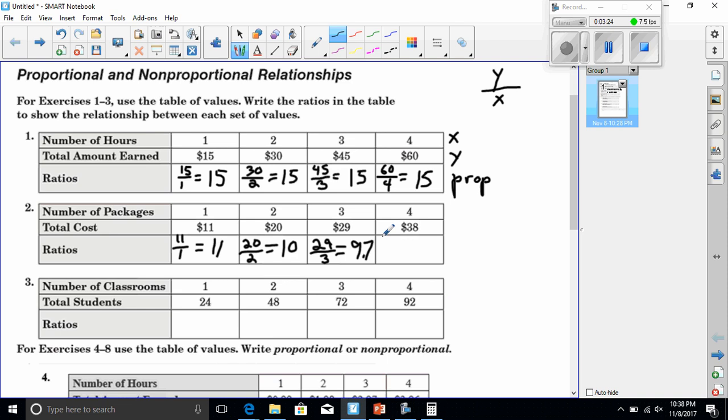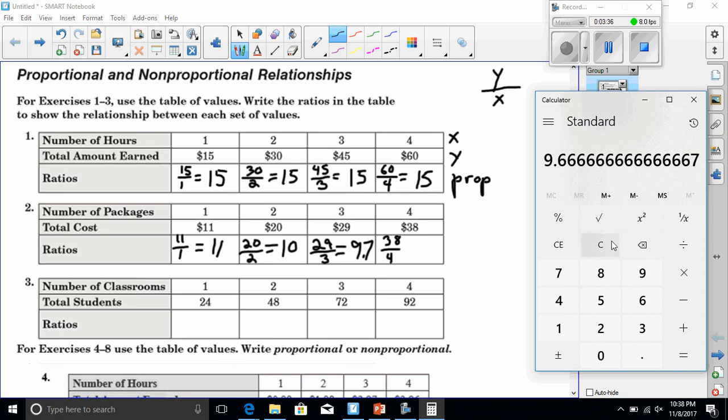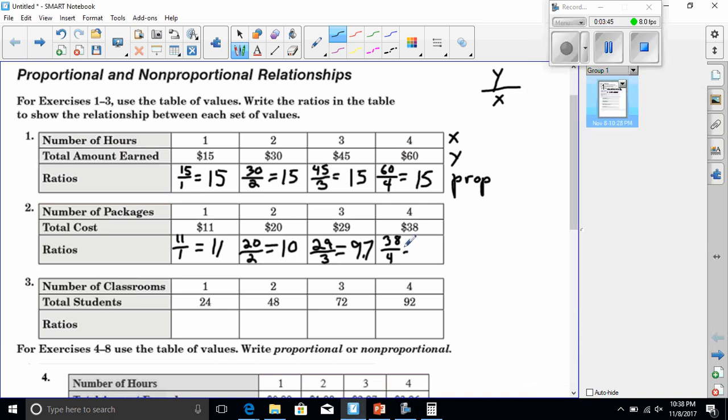And then over here we've got 38 divided by 4. If I take 38 and divide it by 4, that's going to give us 9.5.